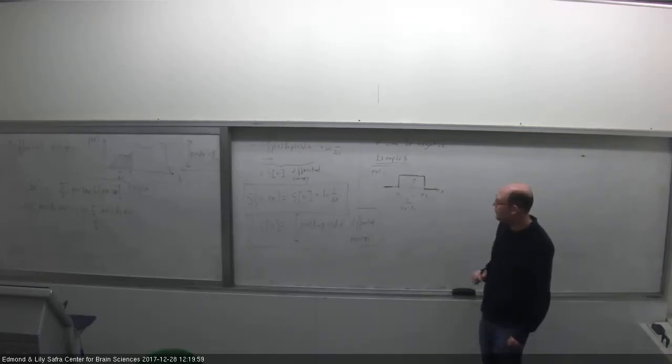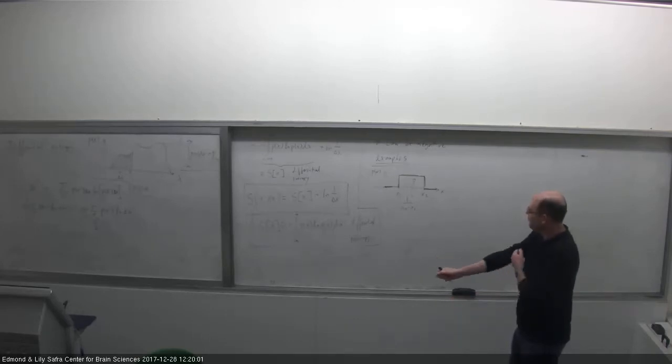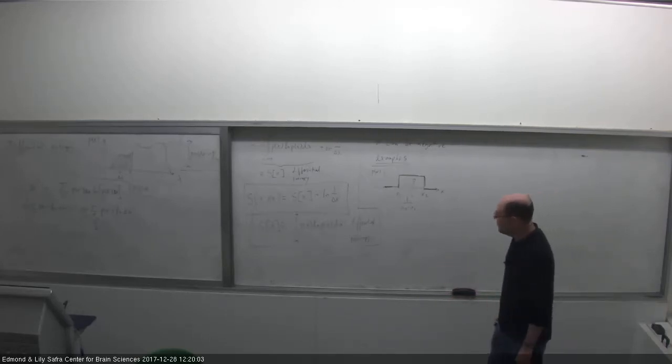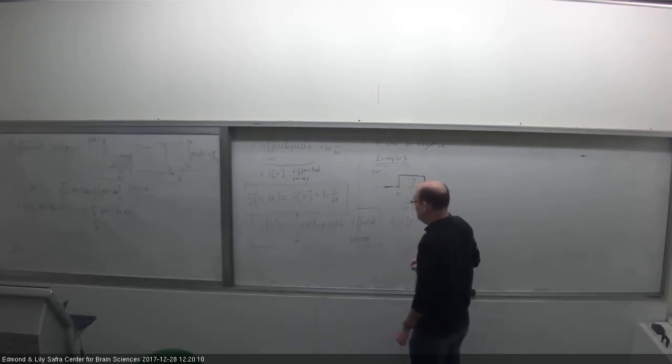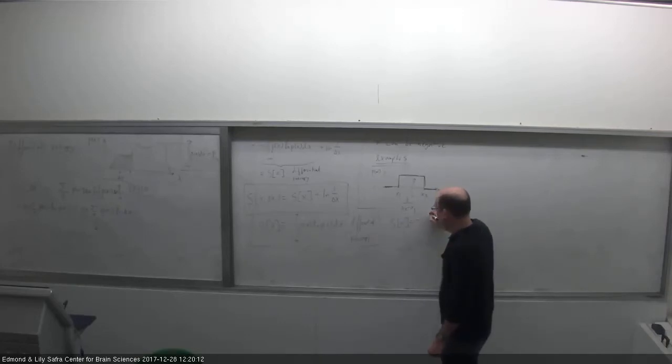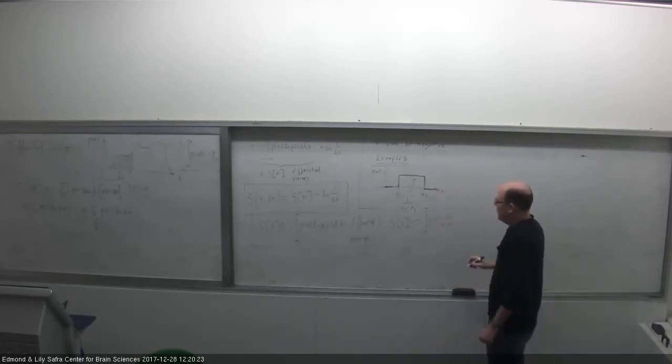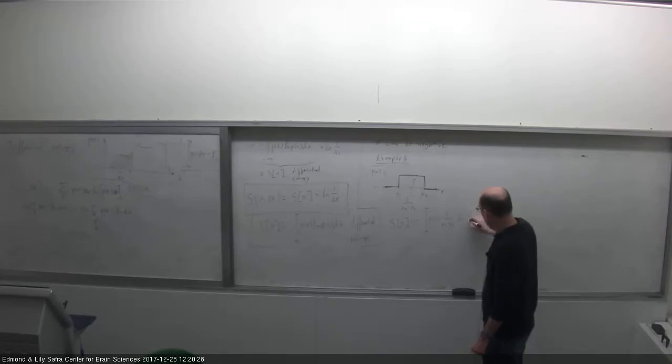So let's just see what is the differential entropy. So the differential entropy is minus the integral from minus infinity to infinity of p of x times ln of 1 over x2 minus x1.